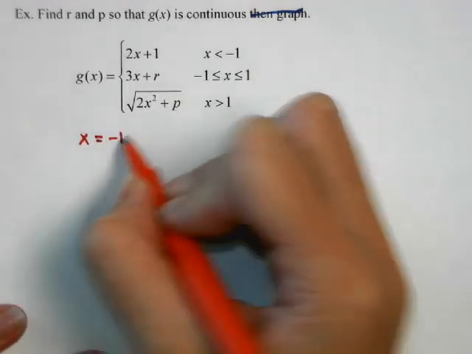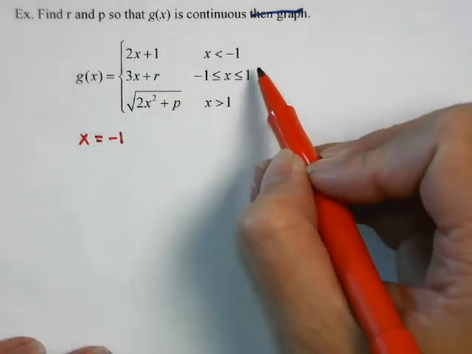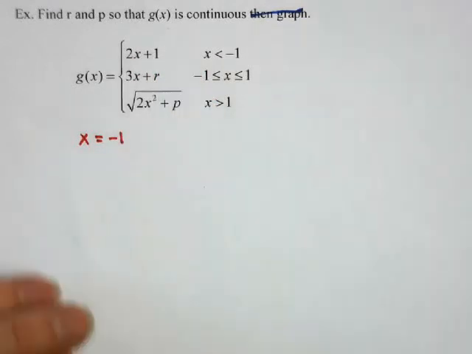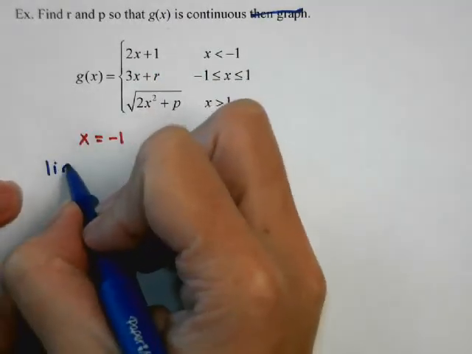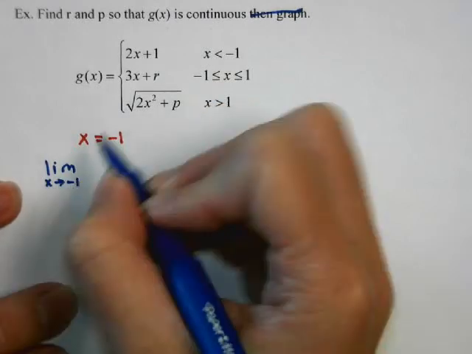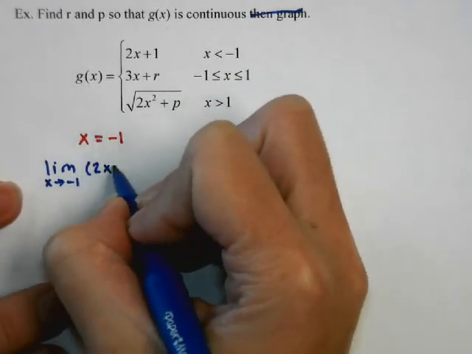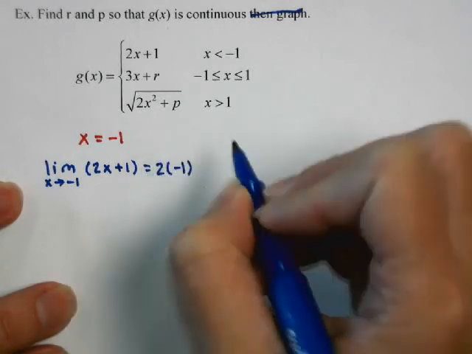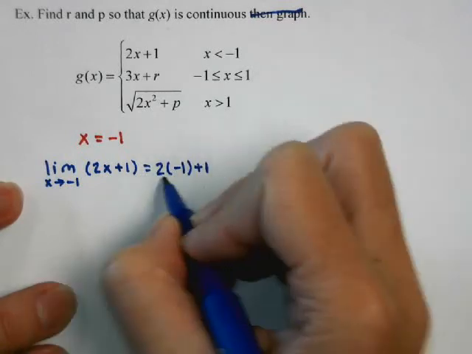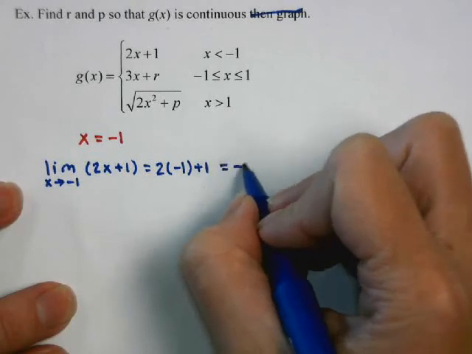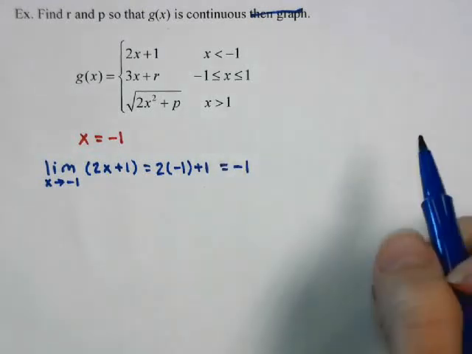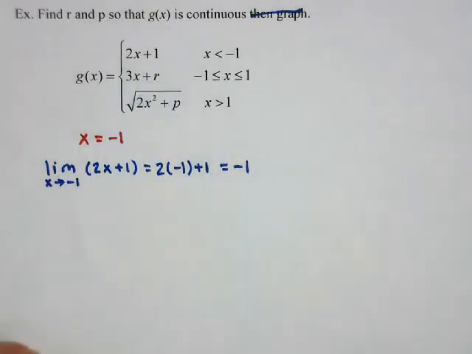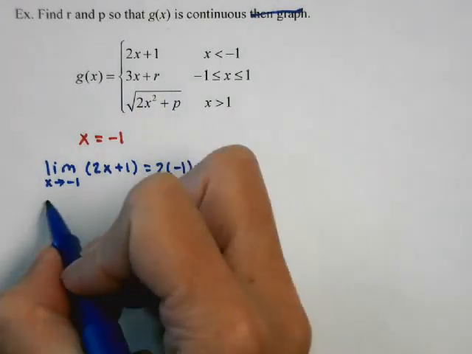So when x is equal to -1, I need these two things to go to the same place. This one I can't change. So let's look at where that one's going. So that's going to be 2 times -1 plus 1. So -2 plus 1 is -1. So I need the second equation to also go there.